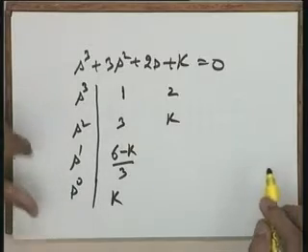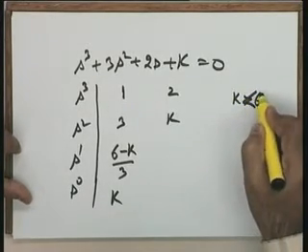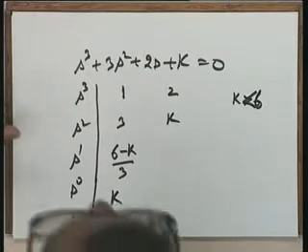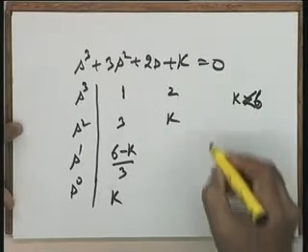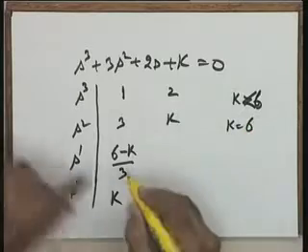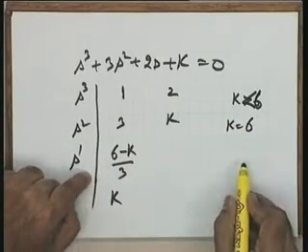Now, you know that the system will be stable for k less than 6. The system in this particular case is stable for k less than 6. So, at k equal to 6, you find there is a case of the row becoming all 0.